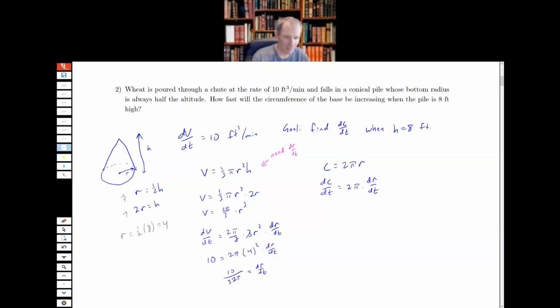And now I'm going to take that and plug it in up here. So dC/dt is 2 pi times 10 over 32 pi. Do a little bit of canceling. The pi's cancel. This 2 will cancel to make this a 16, cancel here to make this an 8.